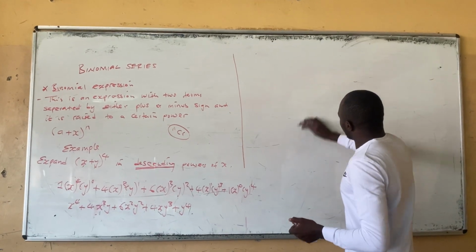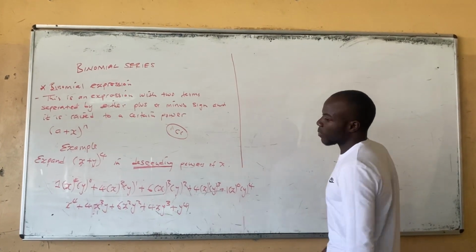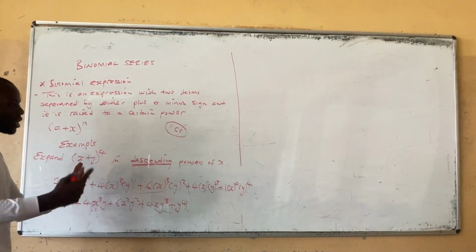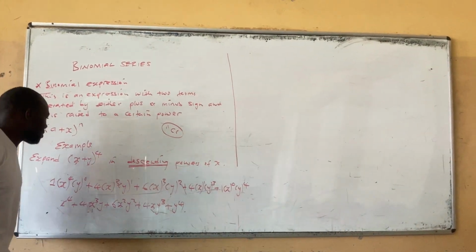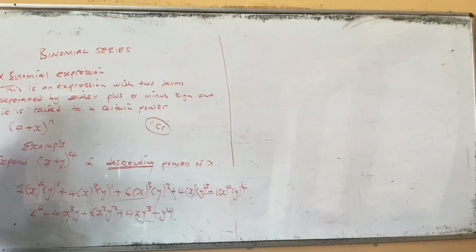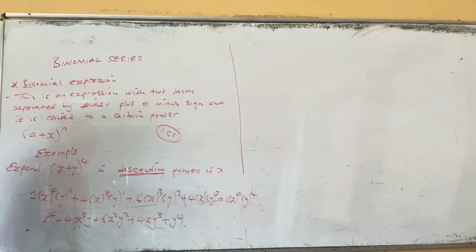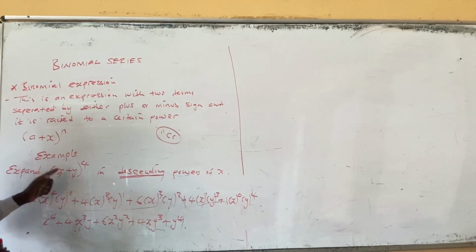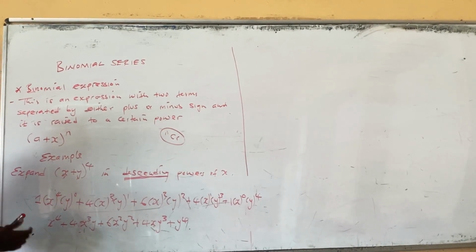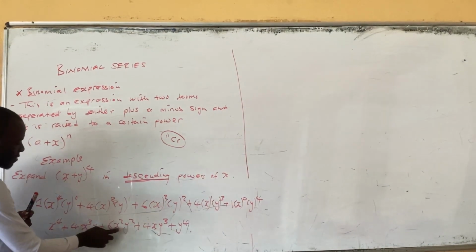Since we know the general expansion, we use the same example, but of course we'll get more questions from past papers. So let's say in this question here, they have asked us to find, without expanding this one, here we have 1, 2, 3, 4.